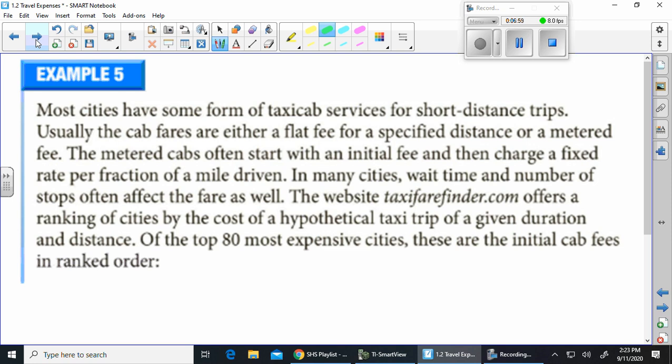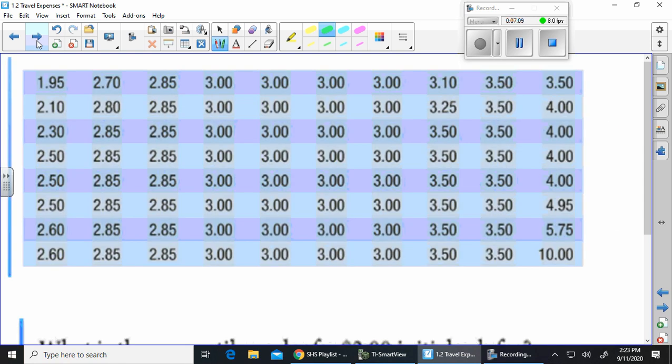So this example is the 80 most expensive cities. These are the initial cab fees in ranked order, and there's a lot of them. So that's 80 initial cab fees.